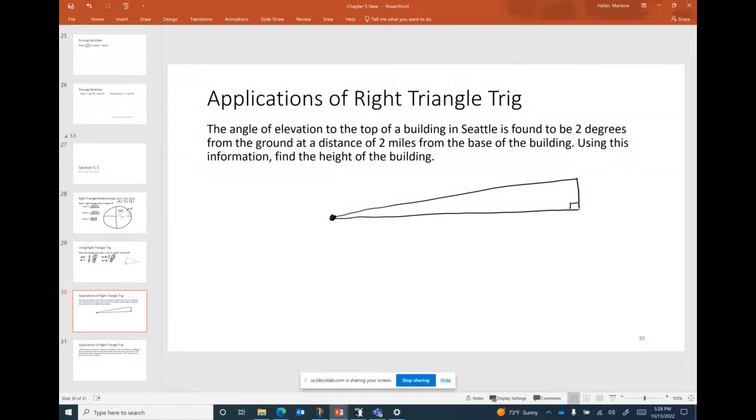The angle of elevation means the angle from the horizontal moving up. So that would be this tiny little angle here, and that's going to be 2 degrees. And this place is 2 miles away, so that means the horizontal leg of that right triangle is going to be 2 miles.